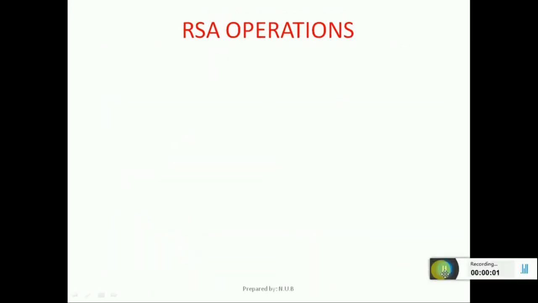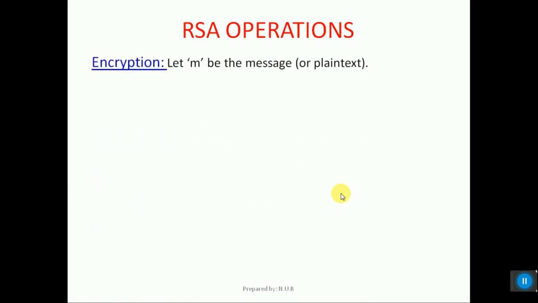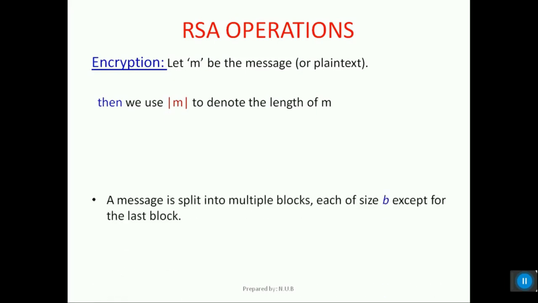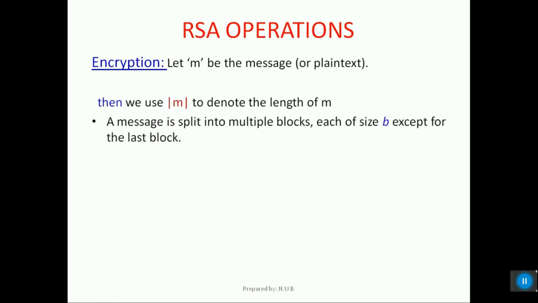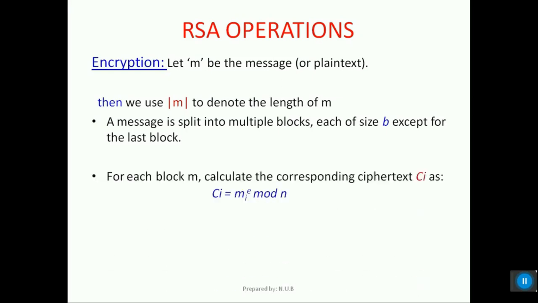Well, now let us have a look at the RSA encryption and decryption process. Let us take the message to be encrypted as plain text M, and we can represent the size of this message as modulus M. Now we have to divide this message into blocks of size B, where B is the block size which we have calculated in the previous stage, equal to log n to the base 2.